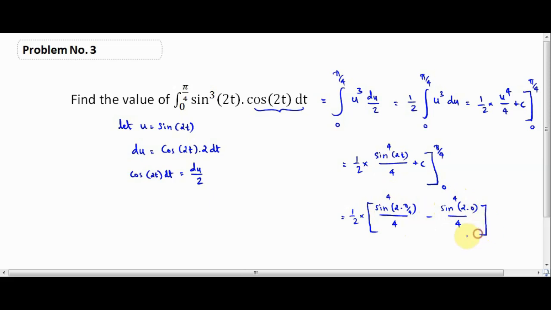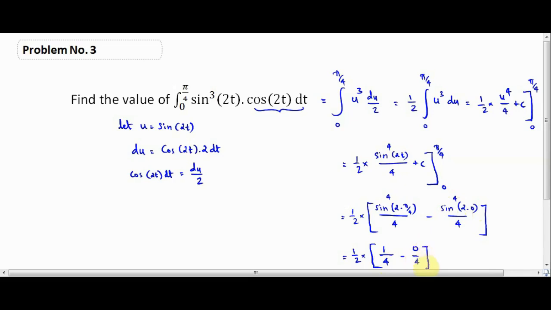Now, simplifying: sine 2 into pi by 4 is sine pi by 2, which is 1, and 1 raised to 4 is 1, so we get 1 by 4 minus, here sine 2 into 0 is sine 0, which is 0, and 0 raised to 4 is 0, so 0 by 4.